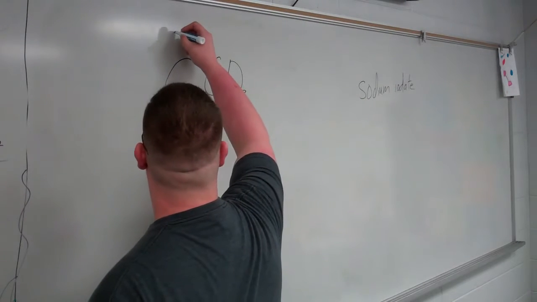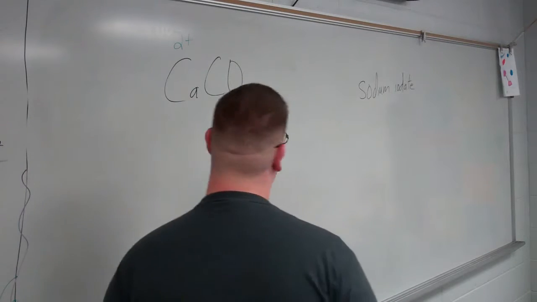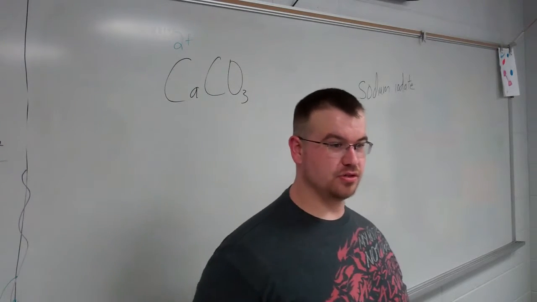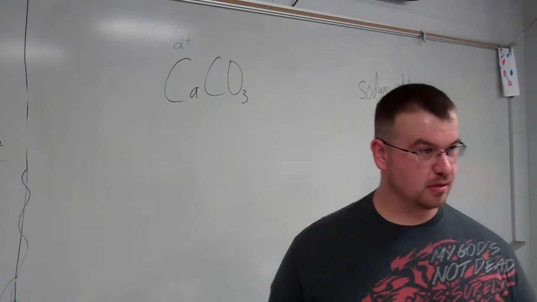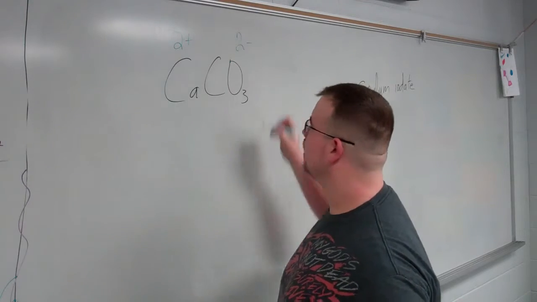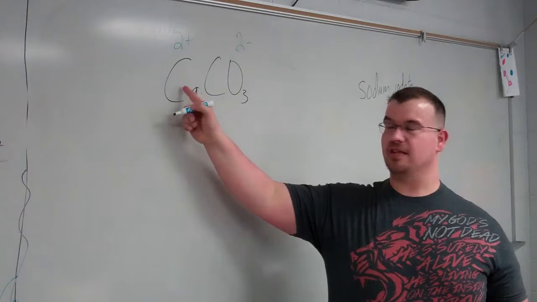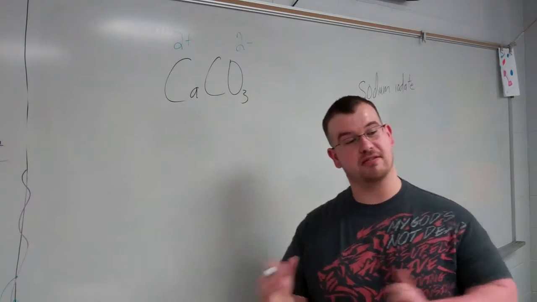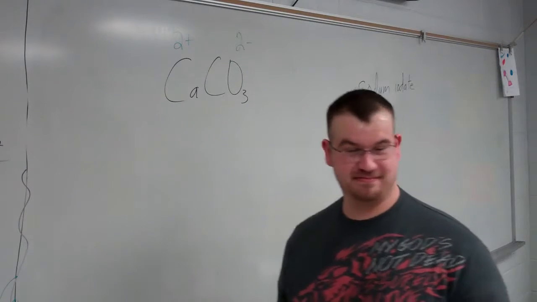So it's going to form an ionic bond. Calcium has a 2+. What's the charge on the carbonate? A 2 negative. It's not by itself. I have it with a +2 charge. It tells you there's that -2.